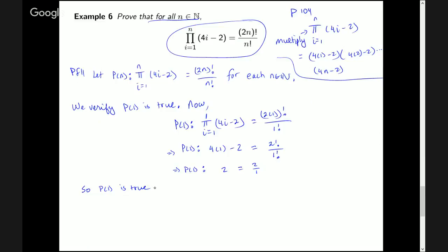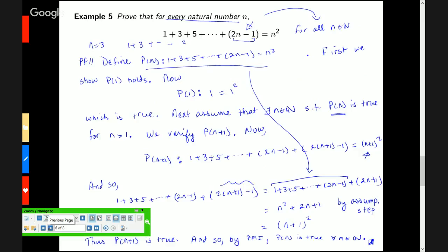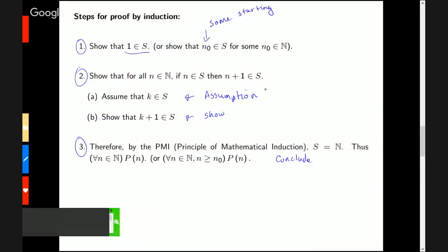What's the next step after showing P of 1 is true? You do an assumption step, right? That's the same as inductive.